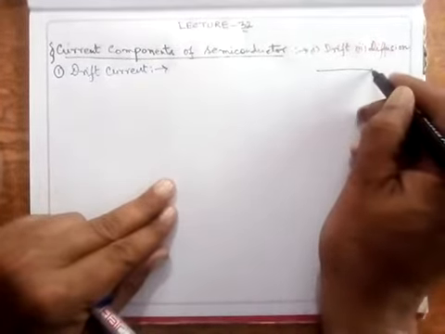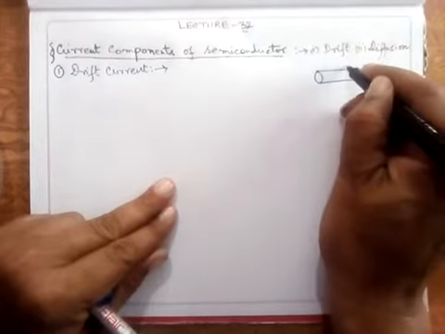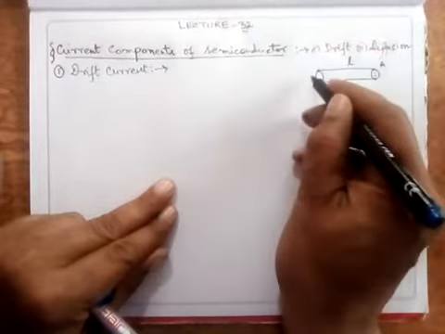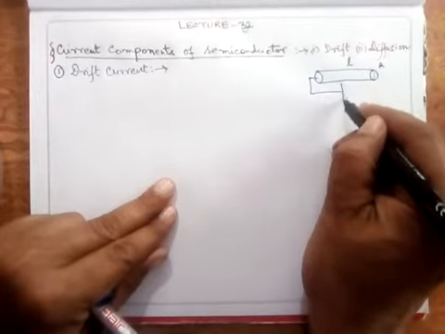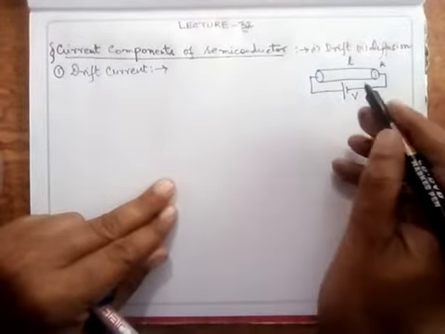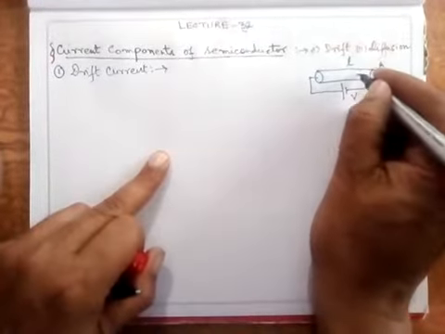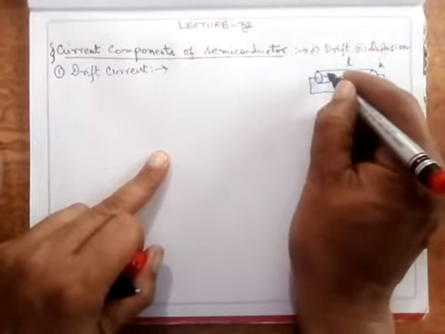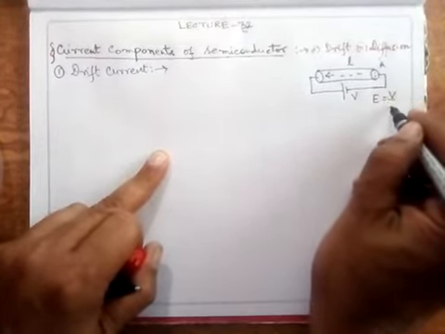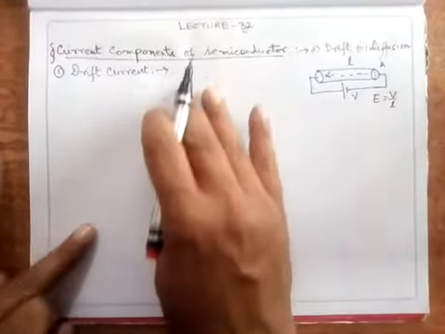We'll generalize it for a semiconductor, but suppose this is a conductor of length L, and the cross-sectional area of this is A, and if a potential of V volts is applied, or an electric field of V by L is applied across this, then, as I told you, on the application of this voltage, the electrons or the charge carriers drift in a particular direction along the electric field E, and this E is equal to V by L. Because of the drift of these charge carriers, a current will flow, that is called drift current.